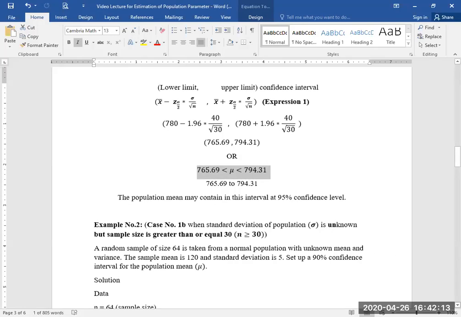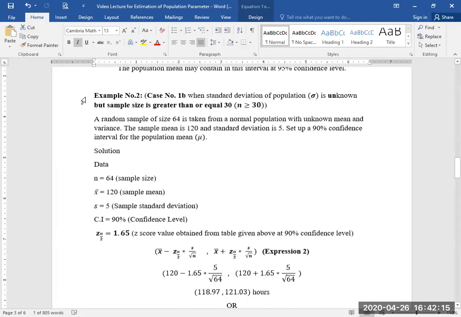Okay students, example number 2. In example number 2, I am discussing case 1b, when the standard deviation of the population sigma is unknown, but the sample size is greater than or equal to 30. If the sample size is 30 or greater, we find the interval using the same technique, but with a little difference.